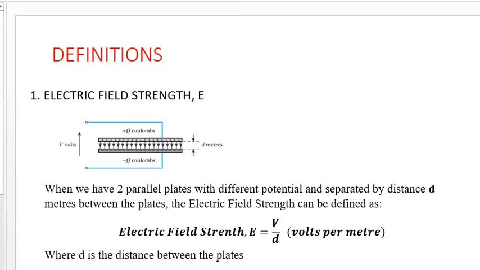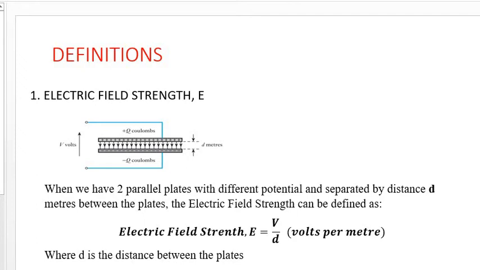So the first definition is the electric field strength. An electric field strength is denoted by the capital letter E, that's the symbol for electric field strength. So when we have two parallel plates with a different potential and they are separated by the distance d, and the distance is measured in meters, the electric field strength can be defined as the potential difference divided by the distance between the plates.